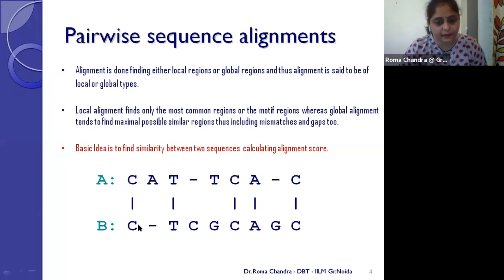This gap here is basically representing that possibly these two sequences were identical to each other. Okay, so the concept is we are considering these two sequences were identical to each other. There must have been some nucleotide here and that got deleted. And just because of the deletion of that nucleotide, this gap occurred.